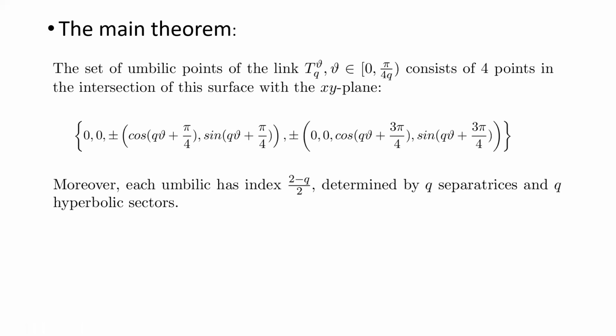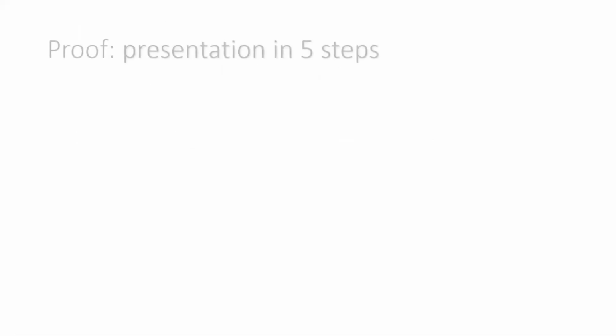Observe, we can control the parametrization with this 2q polygon, and we apply this parametrization to make some computations for this general theorem. The description of the umbilics and local foliation, in fact, involves and determines the description of the global foliation. I will show a little bit how it works.